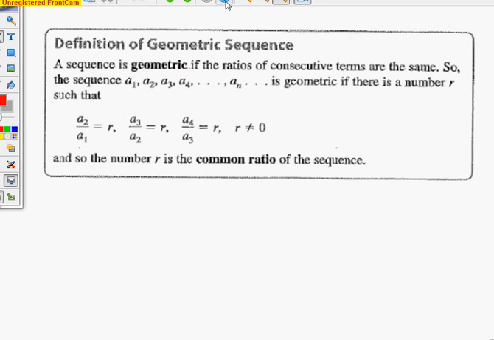Okay, so what happens here for a geometric sequence is that it's not a common difference, but now it is a common ratio. So for a geometric sequence, the ratios of consecutive terms is the same.